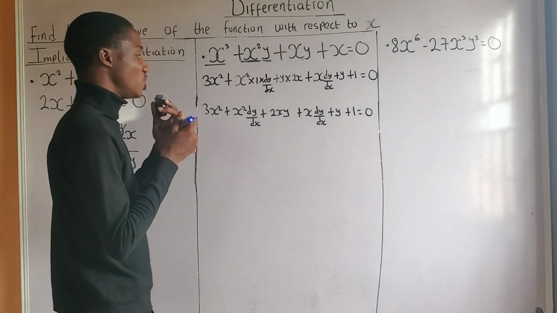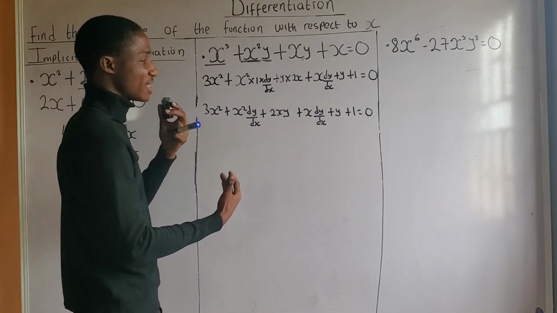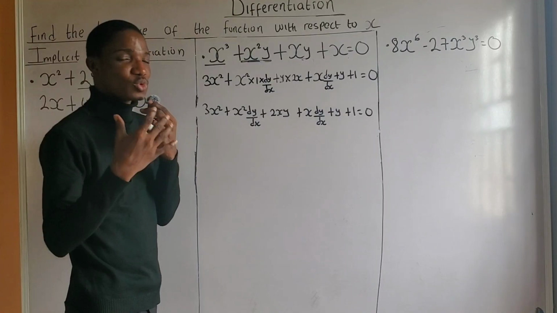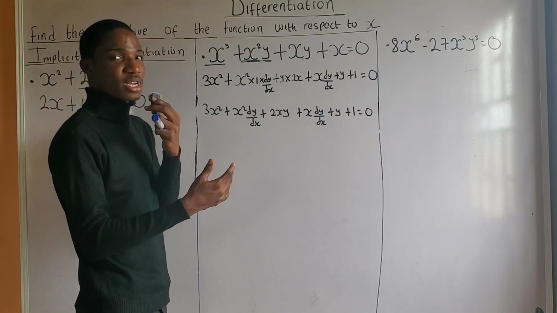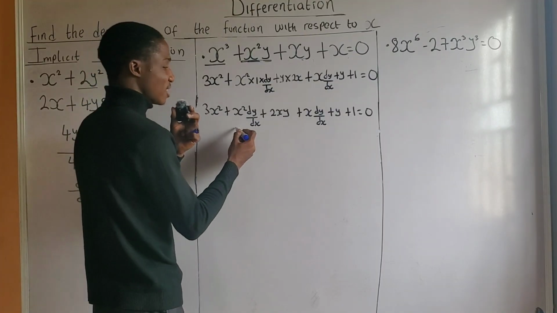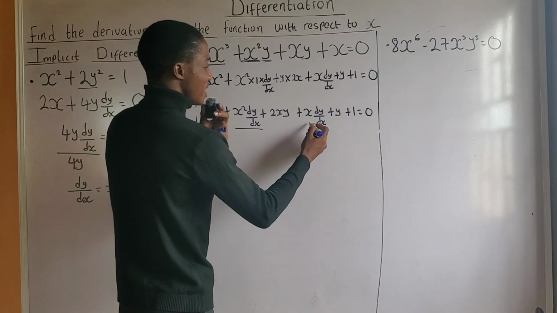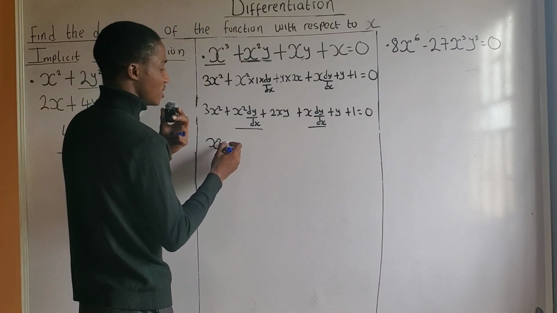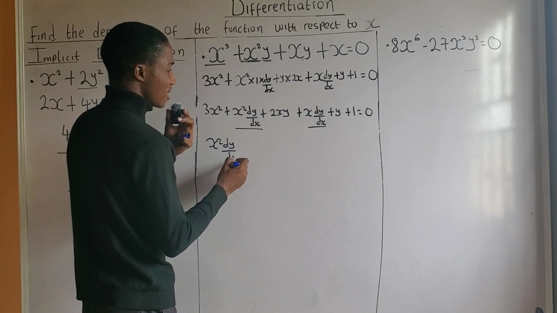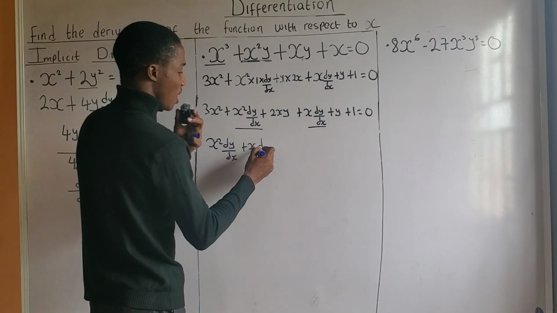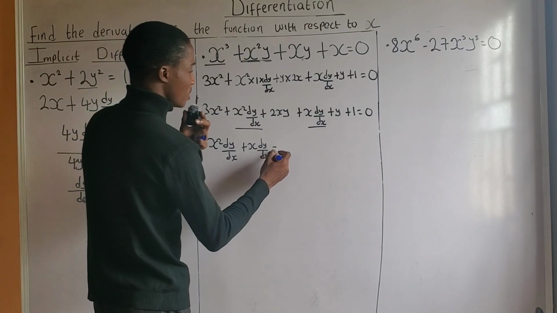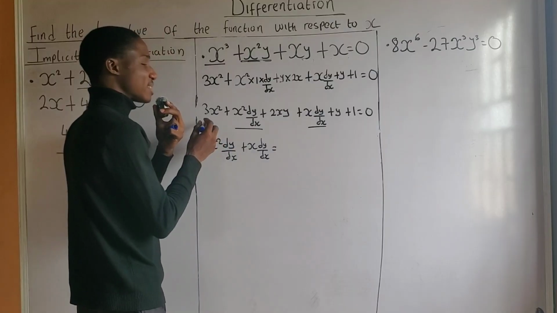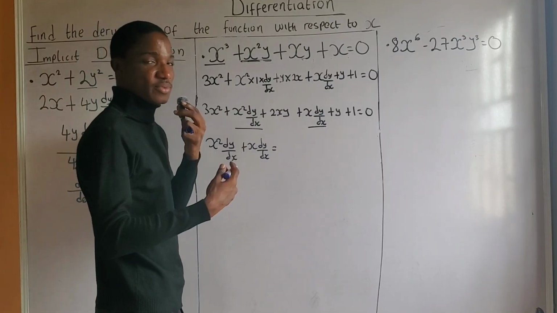And to do that, you have to collect like terms. The terms that are attached to dy dx, you separate them from the others. You can see that dy dx is attached to x squared here, and dy dx is attached to x. So I'm going to separate them. I'm going to have x squared dy all over dx plus x dy all over dx will be equals to, okay, all other terms, move them to the right hand side of the equation.